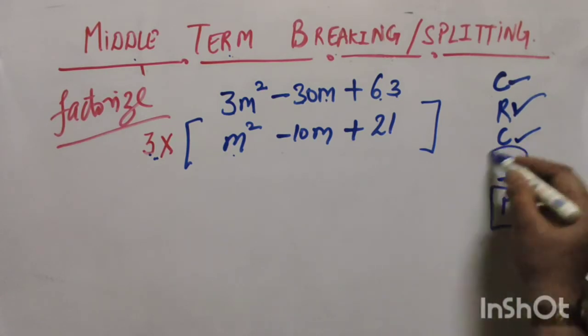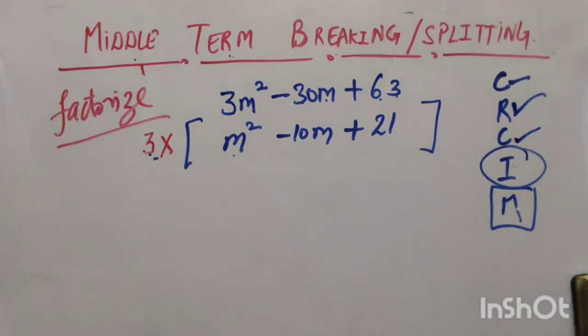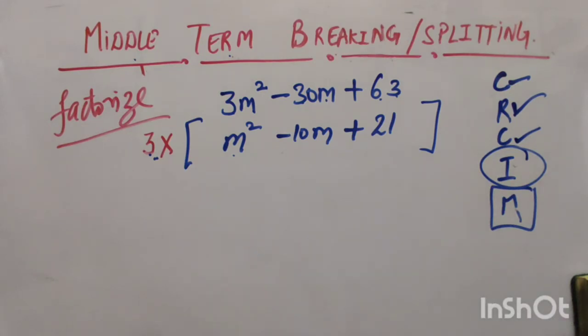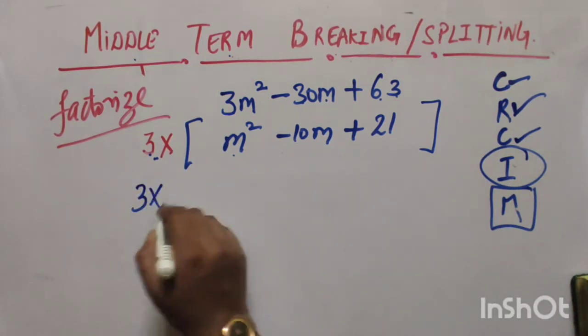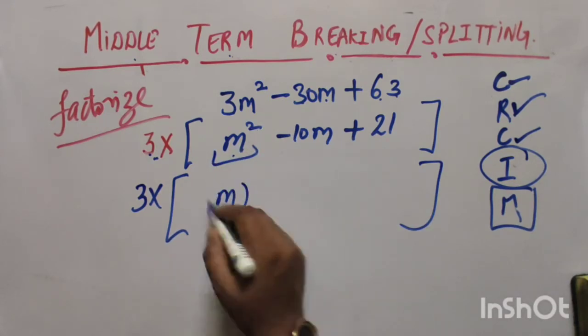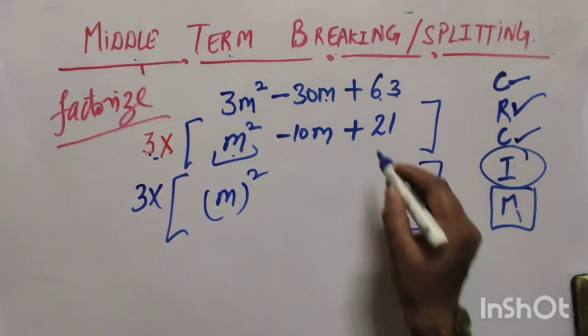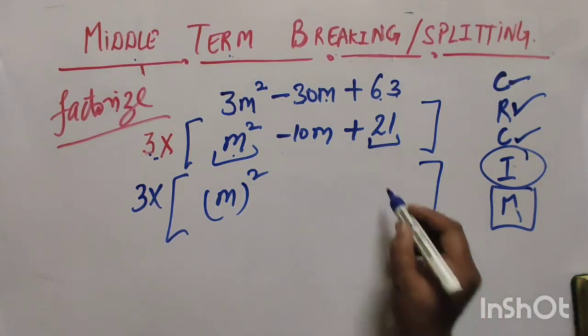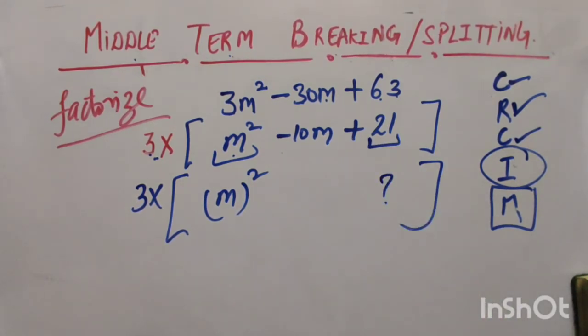Right. Now we will move towards step number 4, that is identity. Now we can work out identity here. Let's see how. We know that m square is a square of m. Now we will see whether 21 is a square of any number. Can you guess any number whose square is 21?